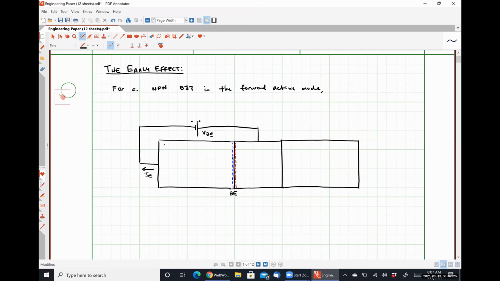Just so we're clear, we have N++ doping here, P+ doping here. And then on this side is our collector. So here's our collector current, IC. Here's our base current, IB.